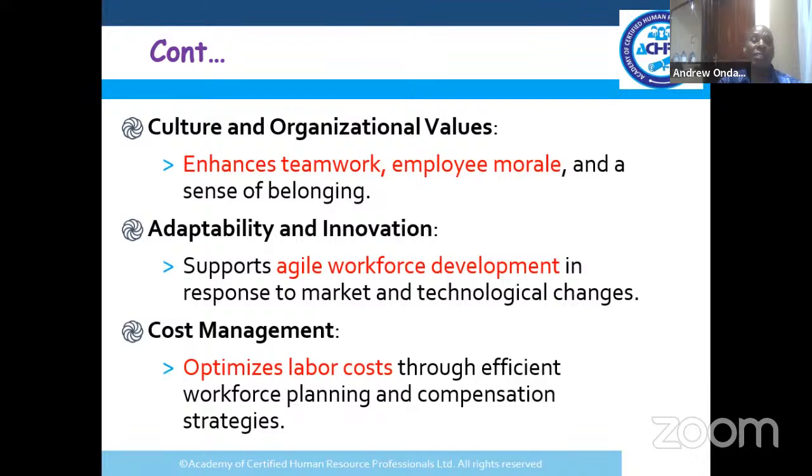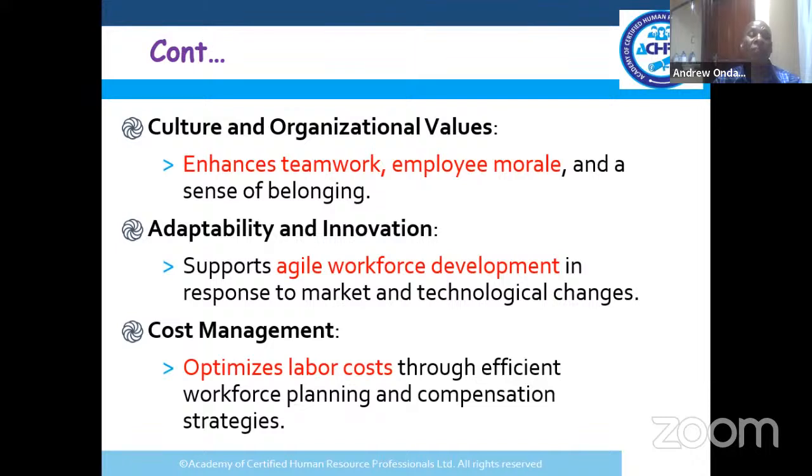One is honesty and integrity, which is a value. Two is professionalism. Three is teamwork. And four is accountability. So if these are our core values, then they are likely to determine the success of the organization.